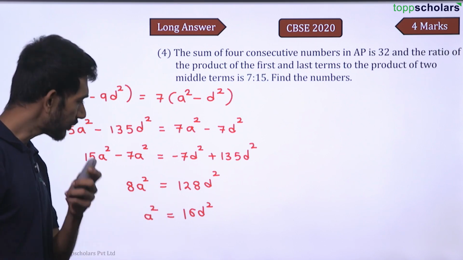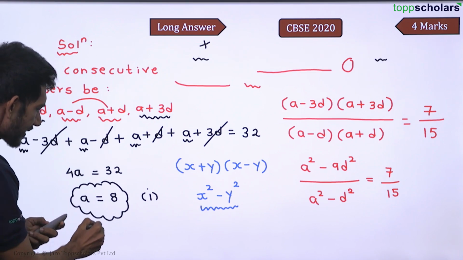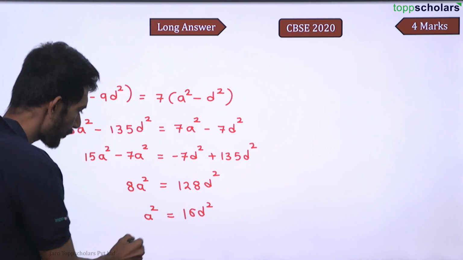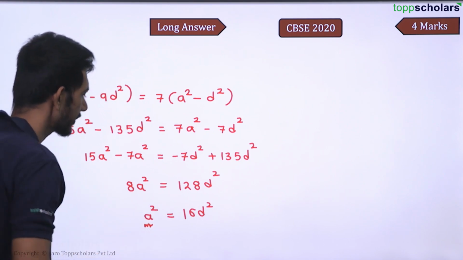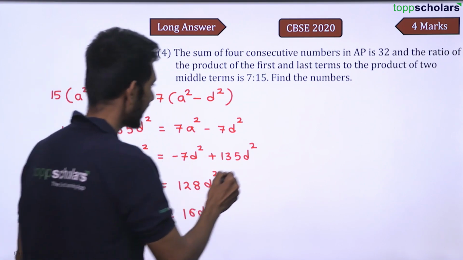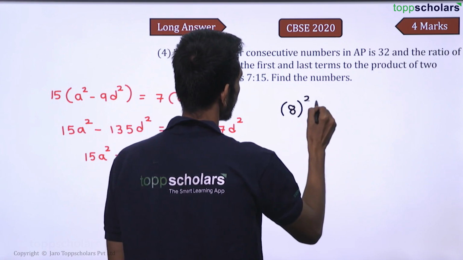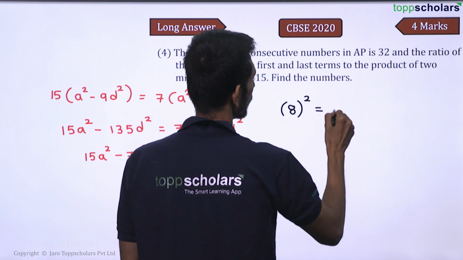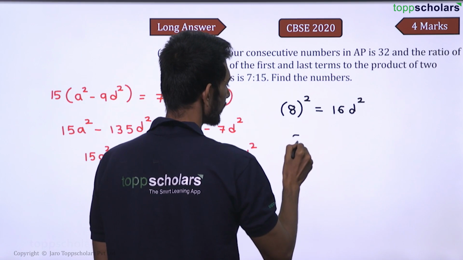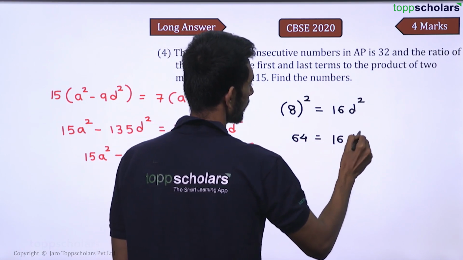Now don't forget that we already have the value of a. How much is a? A is 8. So can I put 8 here? I am putting 8 here. So once I put 8 instead of a, I get 8 square is equal to 16d square. 8 square is how much? 8 square is 64. So 64 is equal to 16d square.